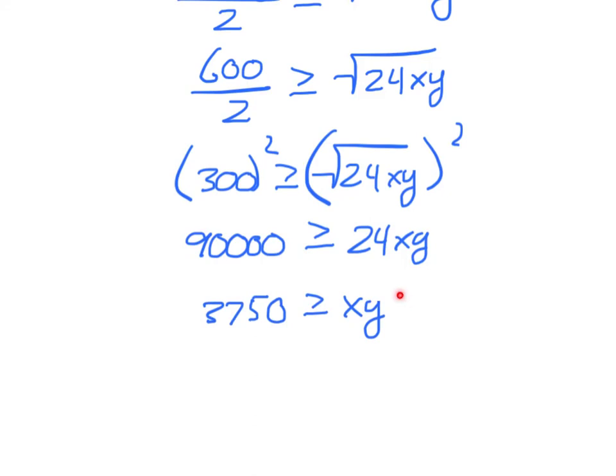But remember that xy is also equal to the area of each enclosure, so the area is less than or equal to 3,750, and therefore our max area is 3,750.